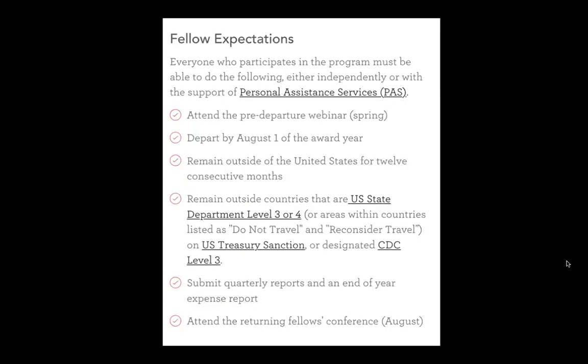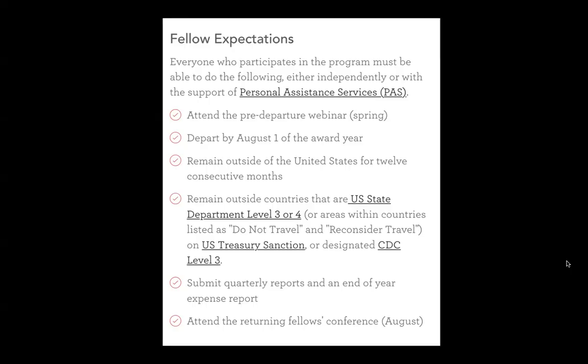So here are the expectations. I've already addressed some of them. I'll talk a little bit about the whole selection process, but the decision is announced in March. So then the following August, you depart. As I said, you have to stay outside of the US.